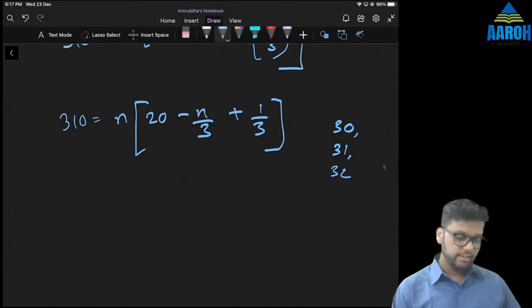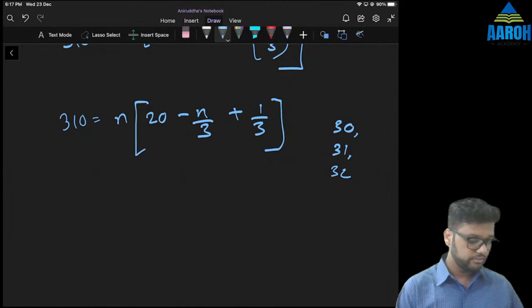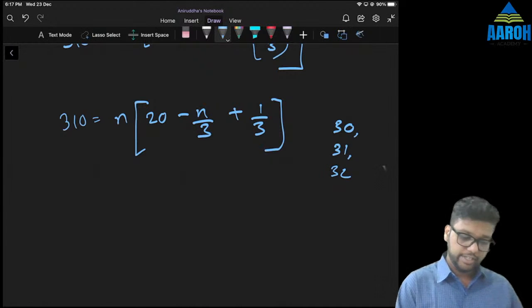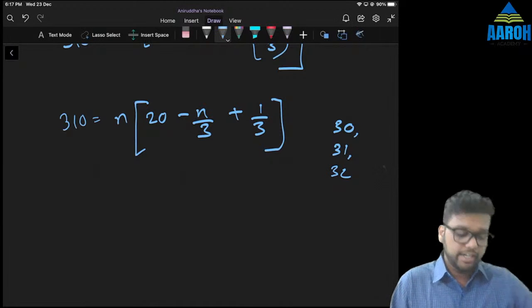It will be 20 plus 1.3333, then 30 by 3 into 30. So that is not the answer. Then 310 equals minus 1 by 3 n plus 20 n into 31. If we take 31, we get the answer. Check.